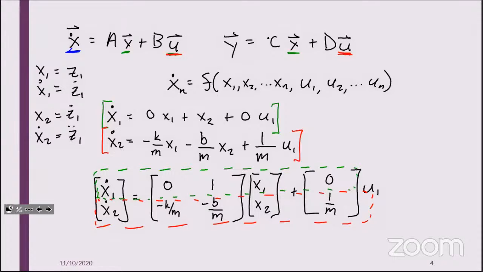Well, that's going to return me just x2, right? Plus 0 times u1, which is 0 as well. So I just get x dot 1 is equal to x2. The lower one, right? X dot 2 is equal to negative k over m times x1 plus negative b over m times x2 plus 1 over m times u1, right? We're there again.